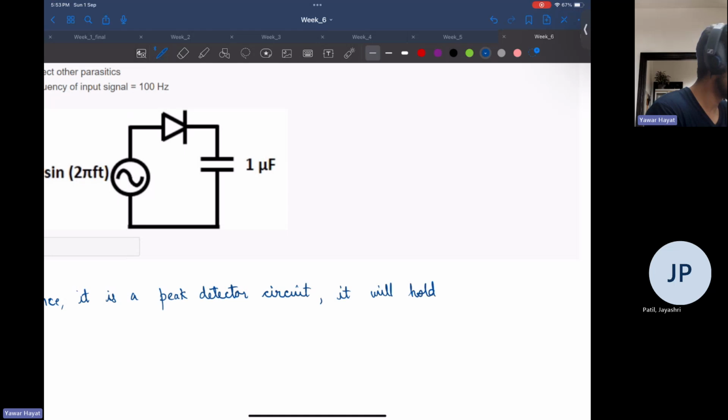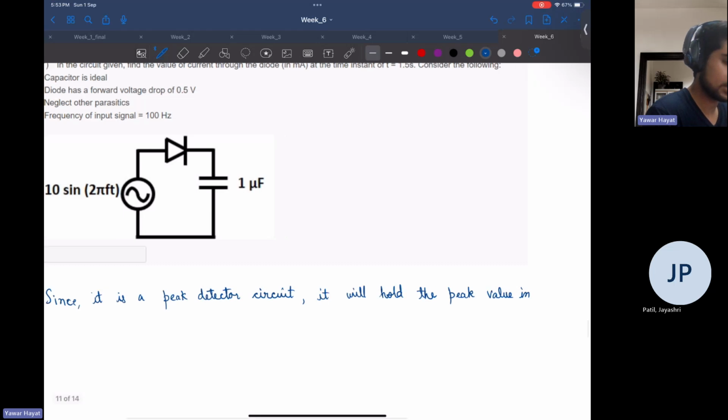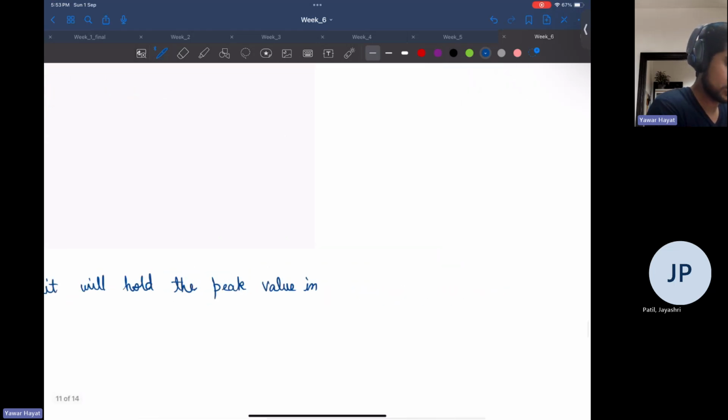It will hold the peak value in fact in the first cycle itself, right?